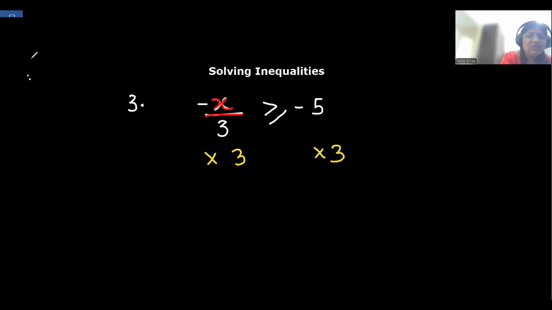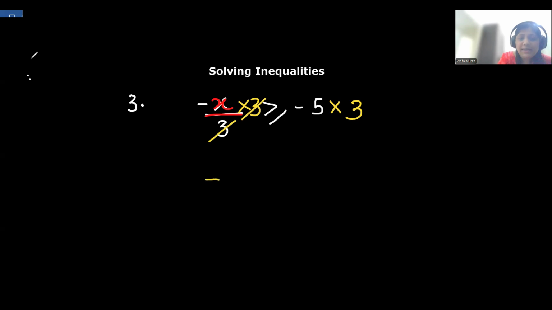If I write it in this way, I think it will be better understood. For this question, I am multiplying by 3 on both sides, on the left side and the right side also. So when I multiply with 3, 3 and 3 will cancel out.